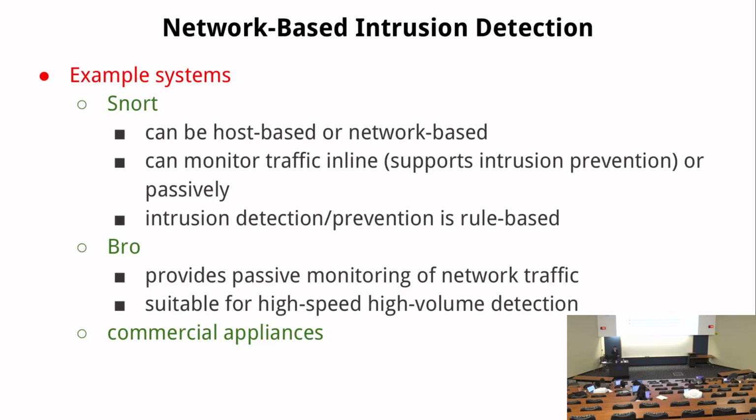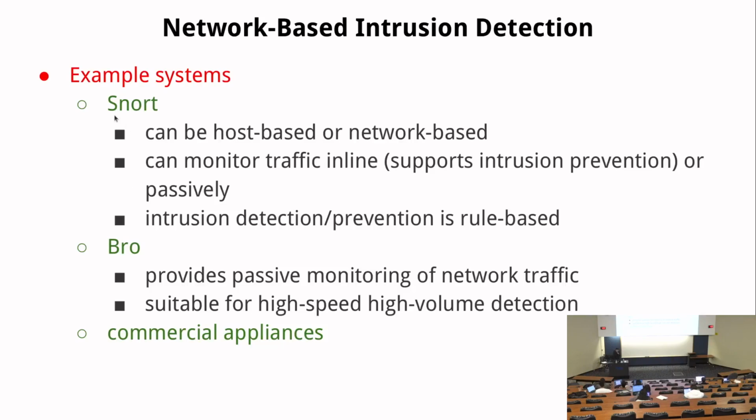So the early network intrusion detection systems, the very first one is called Bro. I believe that's the very first one. It was developed by a professor at UC Berkeley. He is still a professor there. He made a lot of contributions to security and also network. He developed Bro. Then there was an open source one.